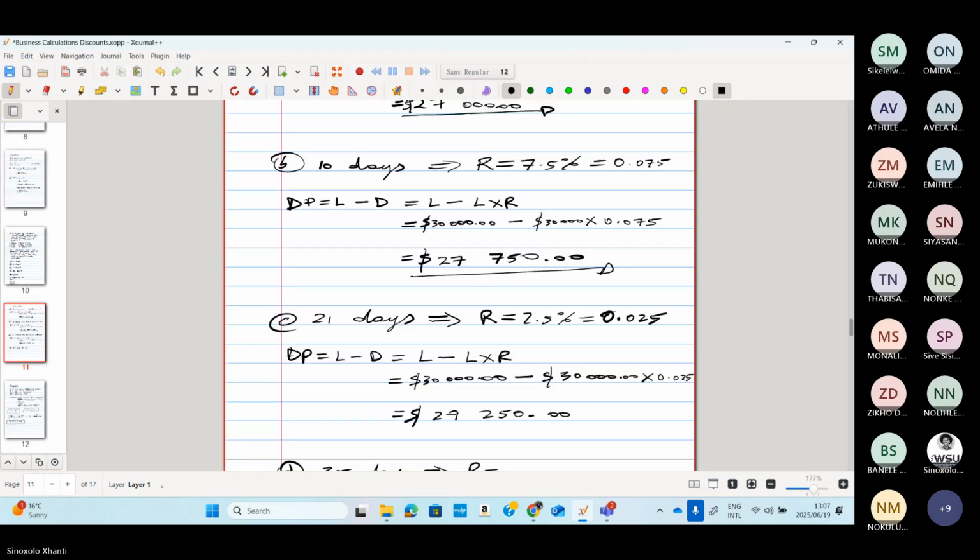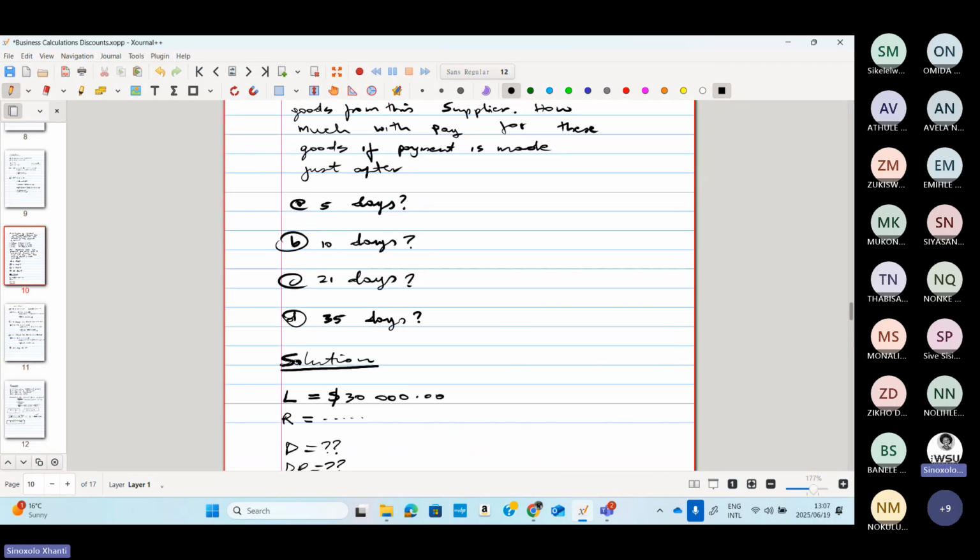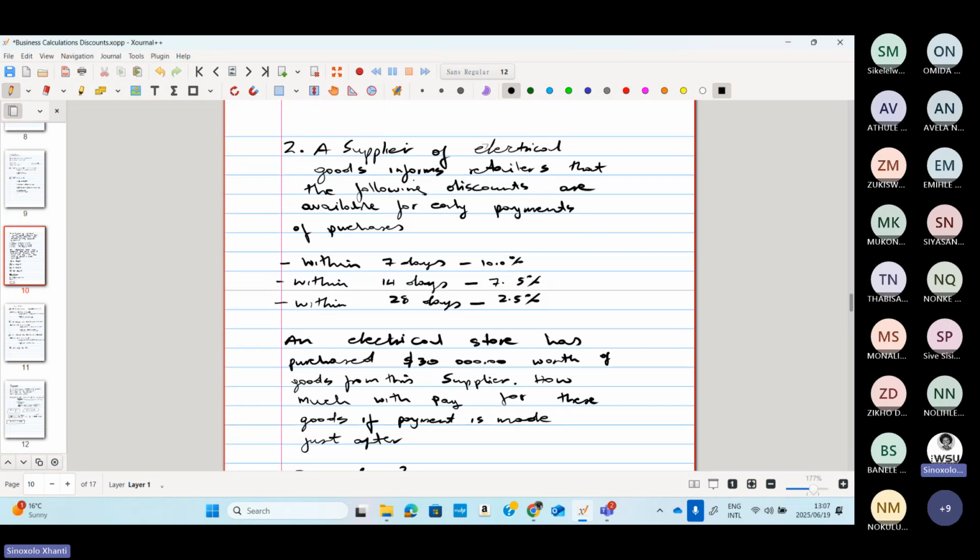Let's go up. 35 days. If you look at 35 days, 35 days is bigger than 28. At 28, you get this 2.5%, but after that, you are not getting any discount. There is no discount here. You only get a discount if you are paying within 28 days.